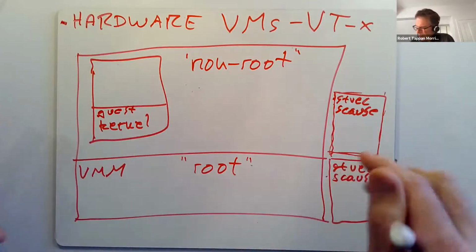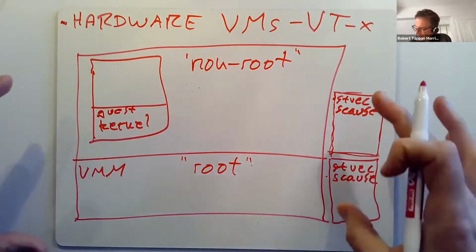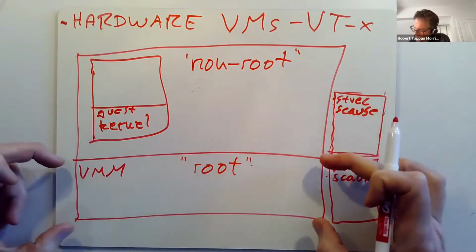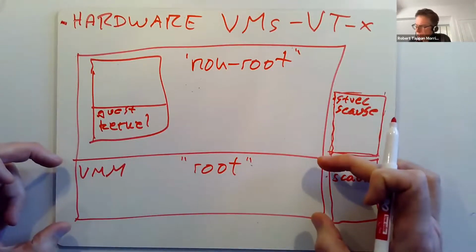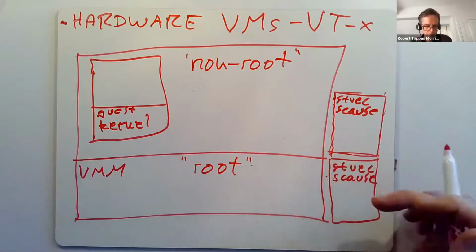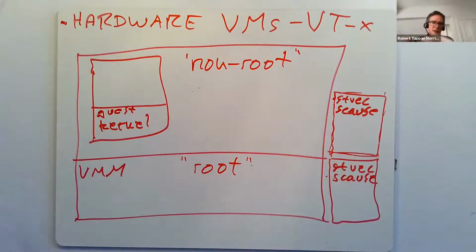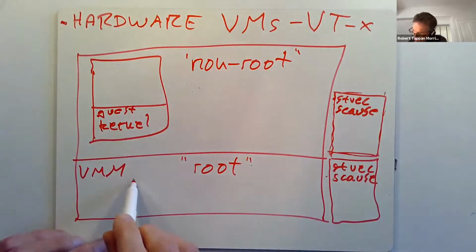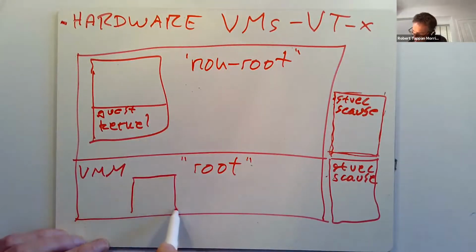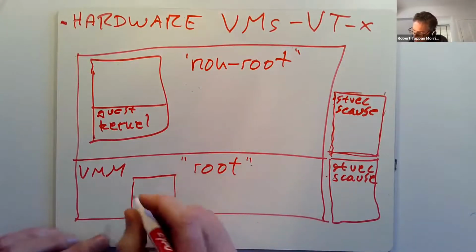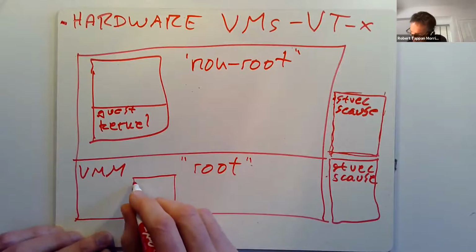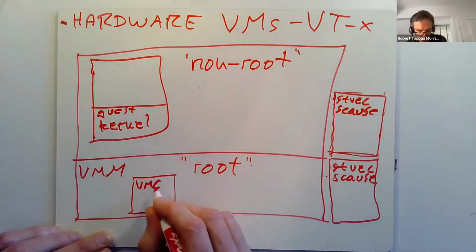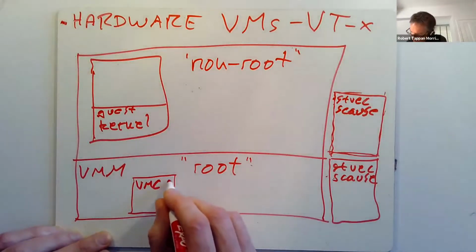You still have a whole bunch of stuff involved in configuring this. When the virtual machine monitor wants to create a new virtual machine, it actually has to tell the hardware. And so down in the virtual machine monitor's memory, there's this structure that the virtual machine monitor and the VTX hardware use to communicate, which is called the VMCS, or VM control something structure.